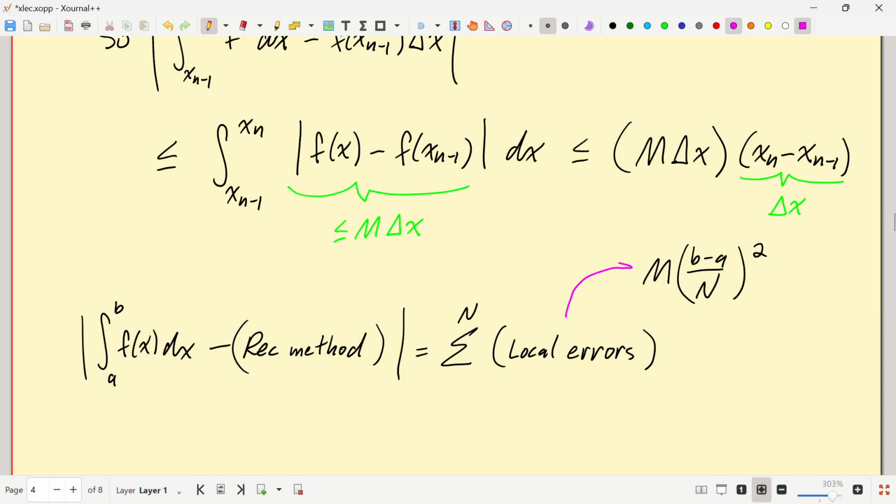This is the local error. And so when I multiply that by N, I would get that this is less than or equal to M times (b minus a) squared over just one N.